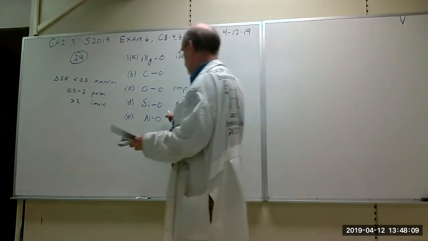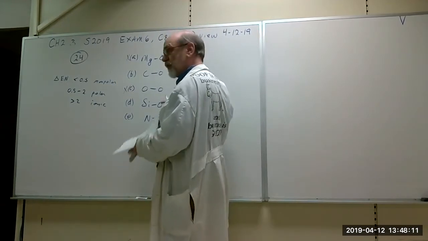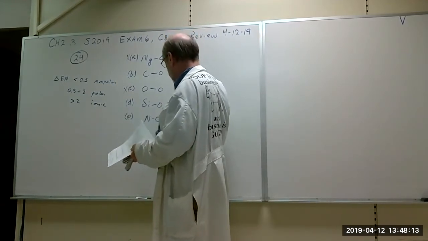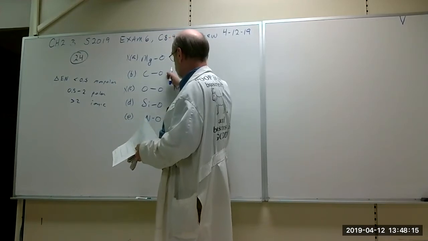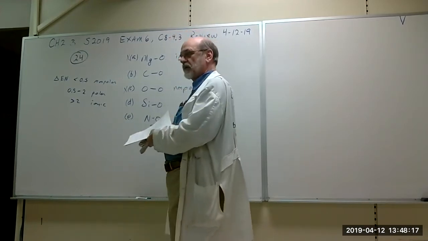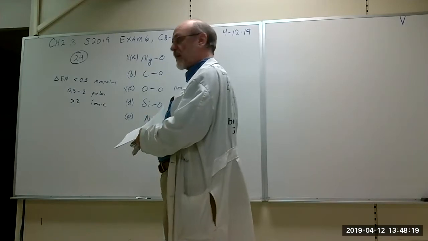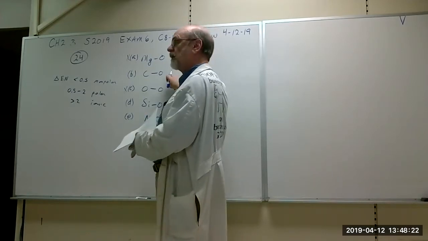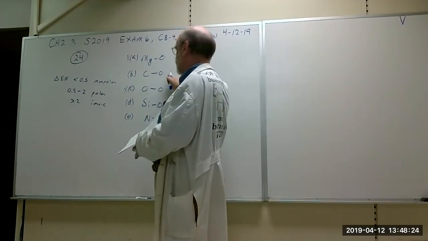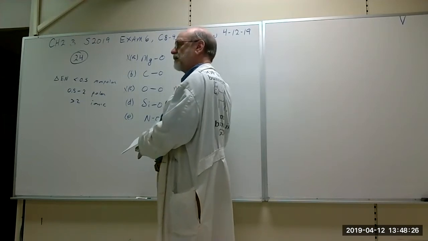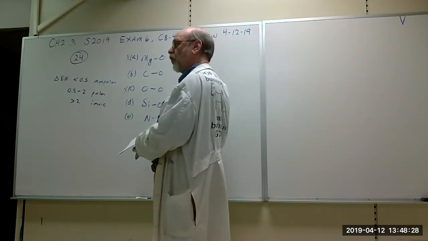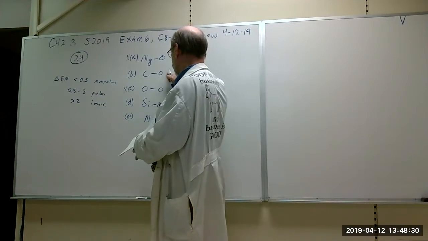Then we look at the difference between their positions on the chart. Since they're all bonded to oxygen, we just have to say which one's farthest away from oxygen. Carbon is 2 steps to the left. Nitrogen is 1 step. So this one is more polar.